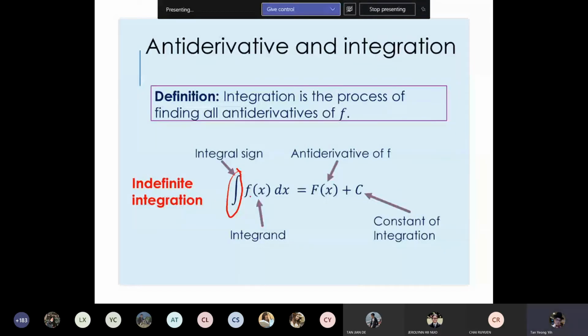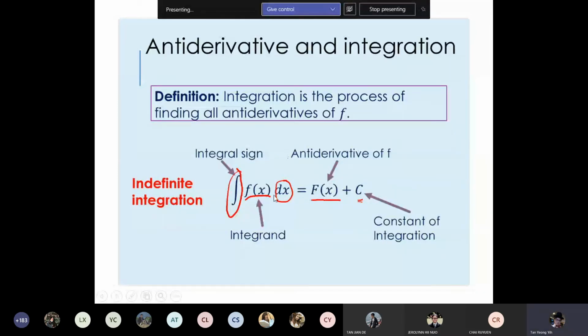This is called the integrand, the function that we want to integrate. This one refers to the variable we want to integrate, so we integrate on x. The answer we get is called the antiderivative, and c is a constant. I will explain about the c later.